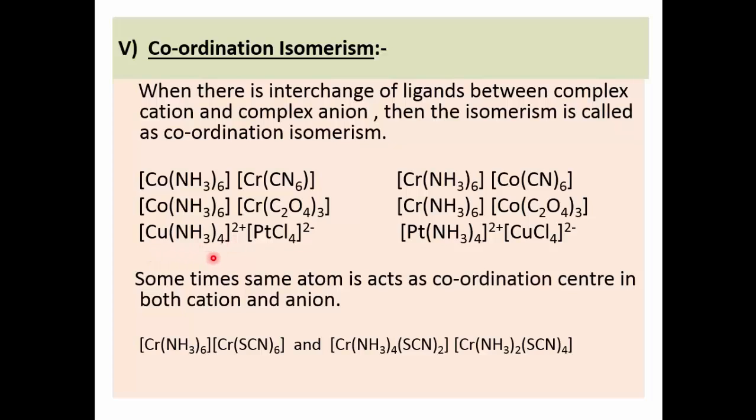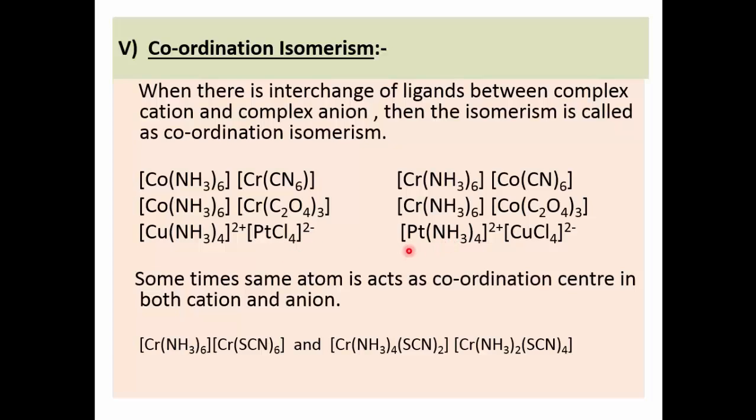That means this is the cation. To the copper, ammonia molecules are coordinated. But in this case, what happened? To the copper, 4 chloride ions are attached, coordinated. Therefore, here there is a negative charge. In case of this, there is a positive charge. This is the cation, this is the anion. Similarly, to the platinum, 4 chloride ions are attached. Therefore, there is a -2 charge. This is the anion.